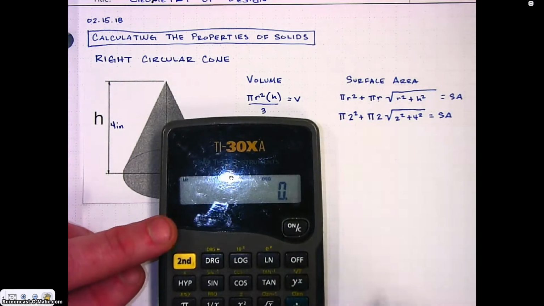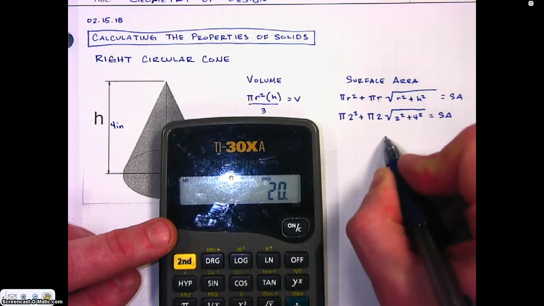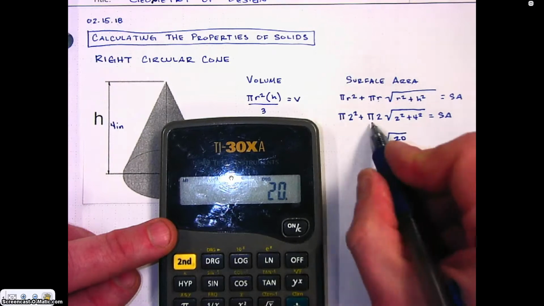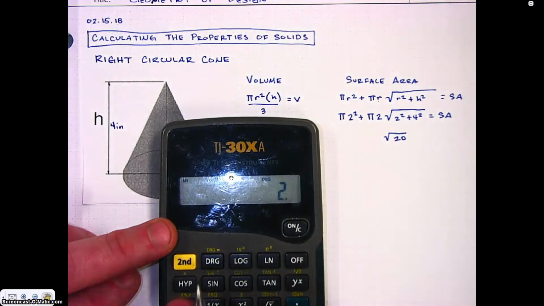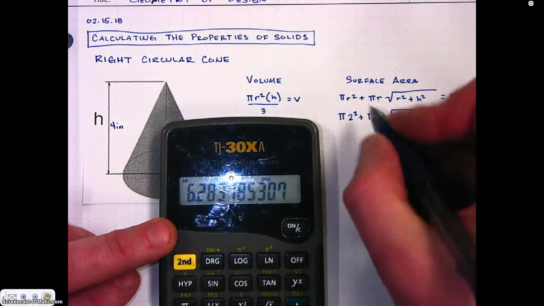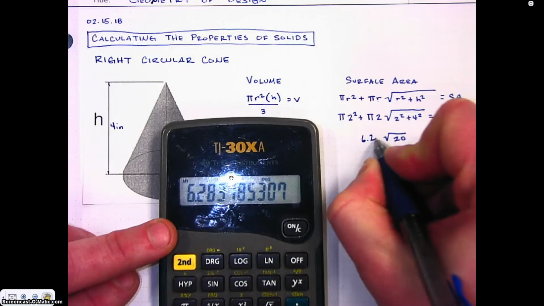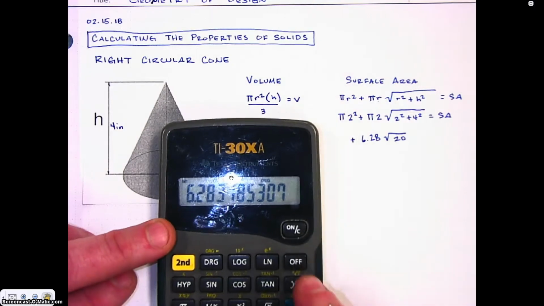I'll start here. 2 squared plus 4 squared equals 20. And so I have the square root of 20 times 2 times pi, 6.28, plus pi 2 squared.